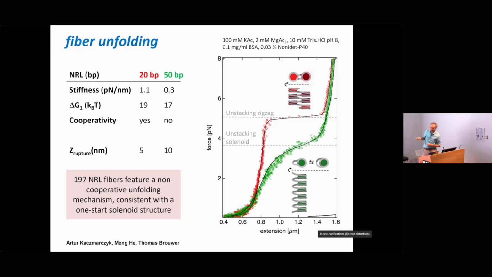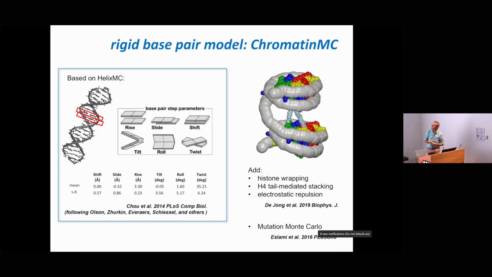And you may say, well, this toy model is a very simple model for a very complex structure. And I fully agree, so we wanted a better structural model. And for that, we went to a package, Helix MC, that models DNA as just a stack of rigid base pairs, just dominostones.